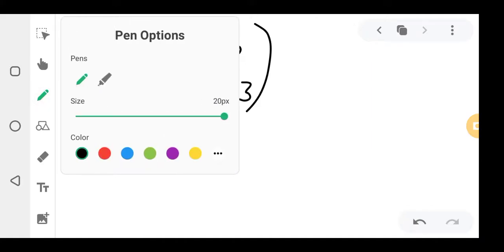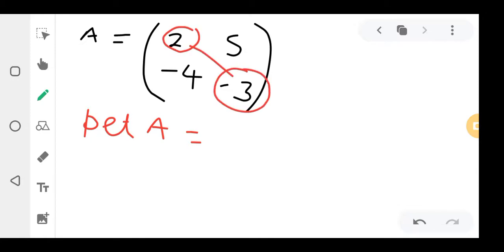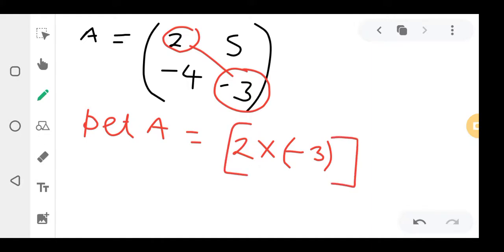So when you're calculating the determinant, we'll say determinant of A is equal to, you multiply that 2 times that -3. So you say 2 times -3. Since the number is negative here, you put it in brackets like this, and then you put square brackets outside so that you can close.